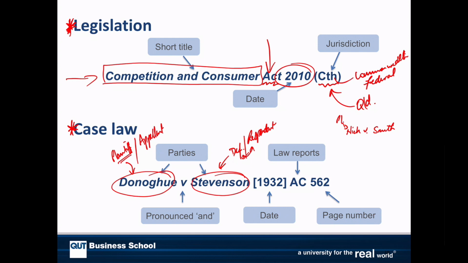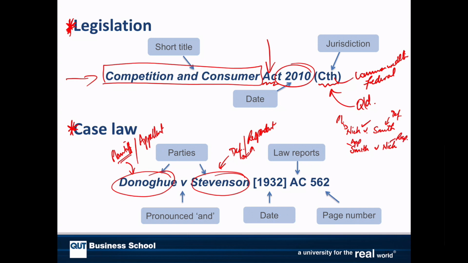Nicholson is the plaintiff, Smith is the defendant. Now if Nicholson wins and Smith appeals, the second court case will be Smith and Nicholson, right? Because Smith is the appellant and Nicholson is the respondent.